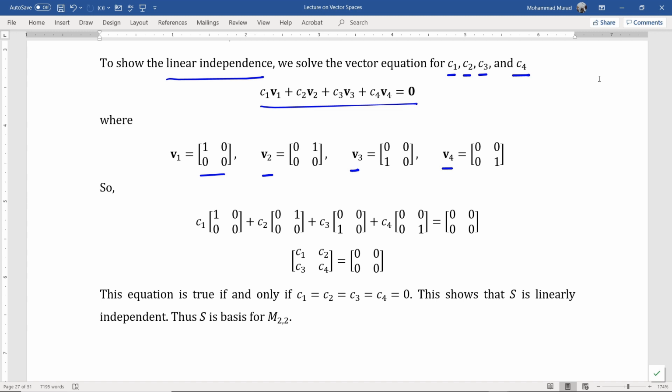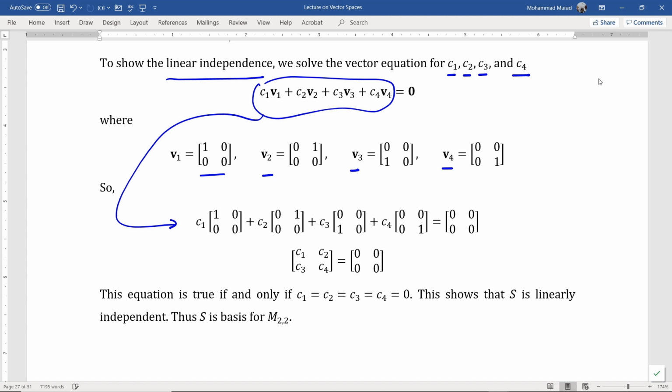So the left-hand side of the equation takes this form, and the right-hand side is replaced by the zero matrix in the vector space M sub 2,2.